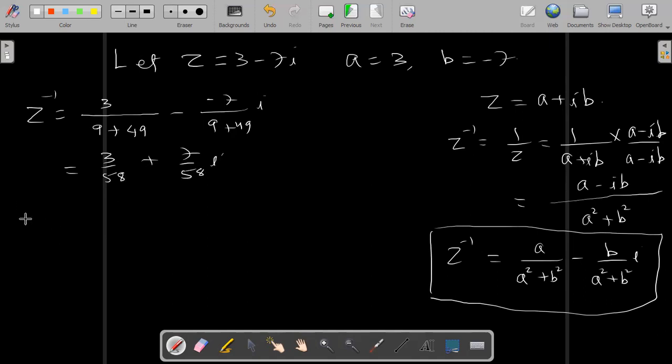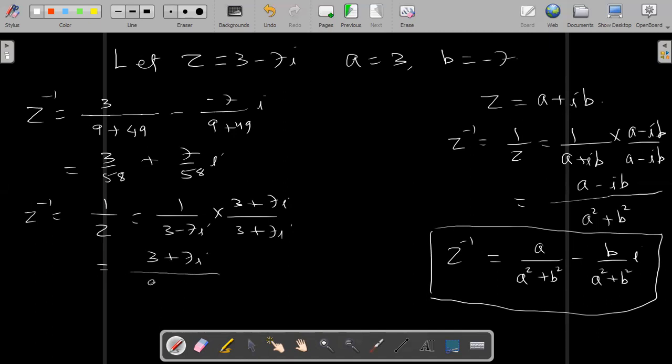But if you want, you can do it like this: z inverse is 1 by z, and 1 by z is 1 by 3 minus 7 iota, and multiply and divide by the opposite, 3 plus 7 iota, and then you can get the same result, because the denominator will become the square of 3, 9, plus 49, which is 58, so 3 by 58 plus 7 by 58 iota.